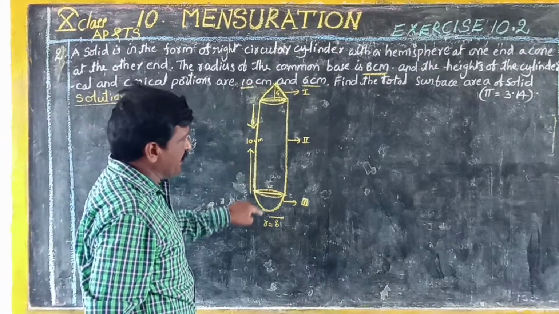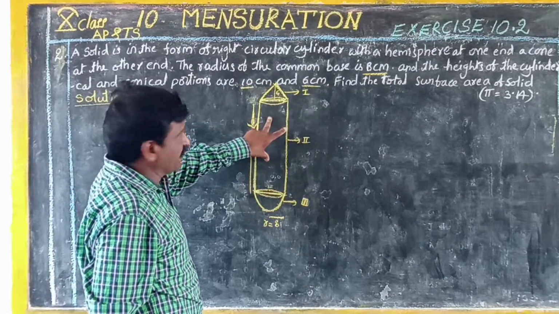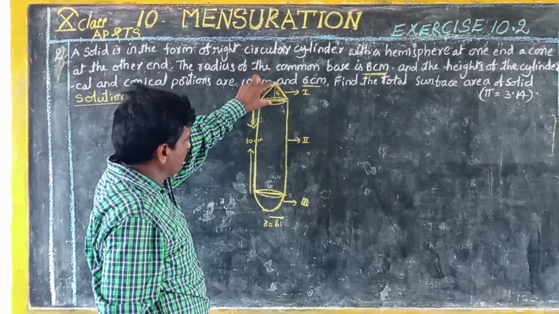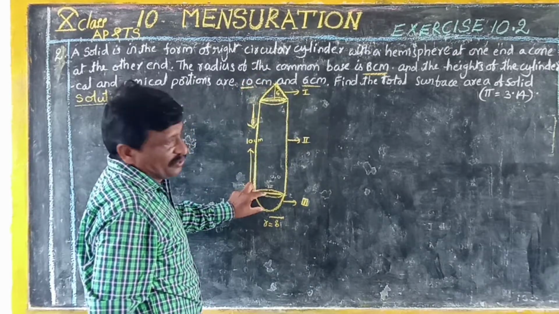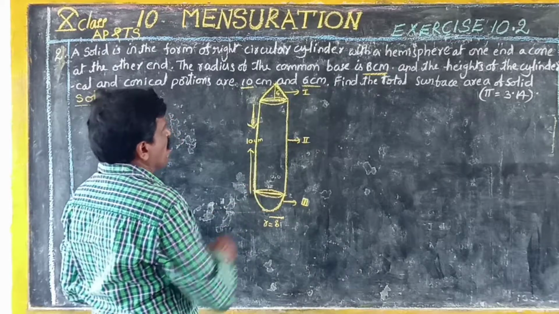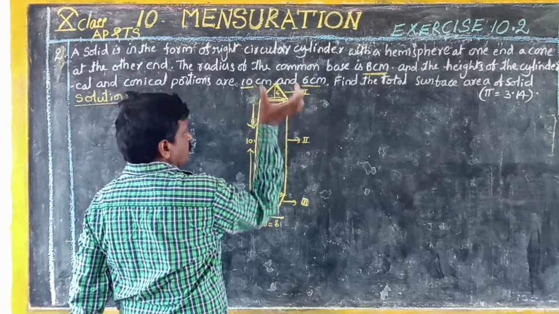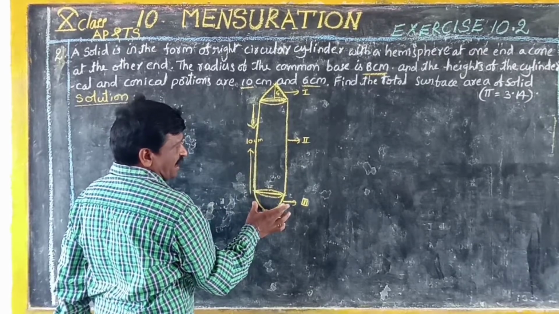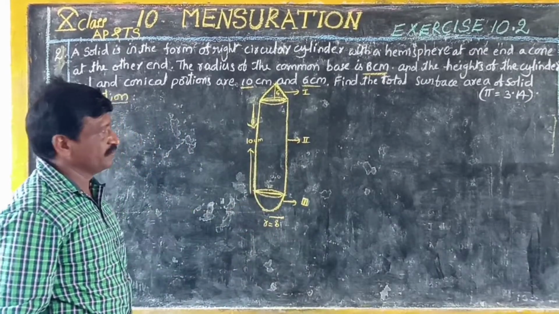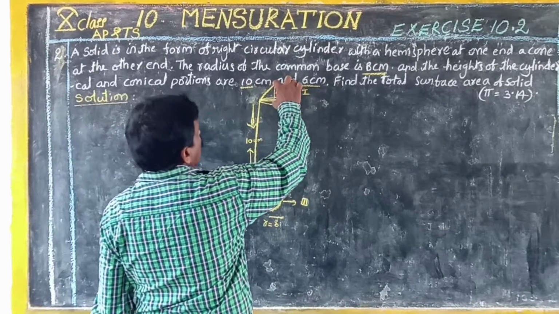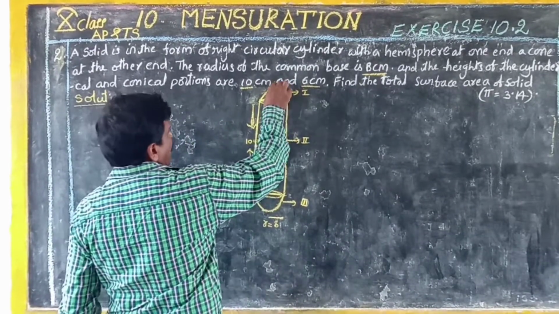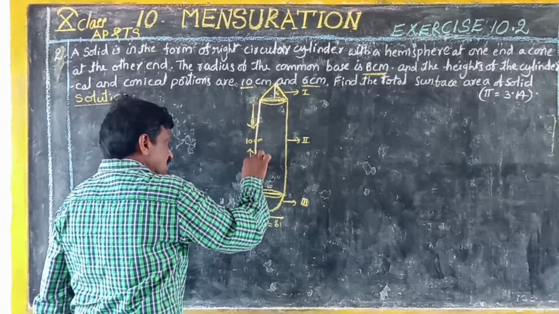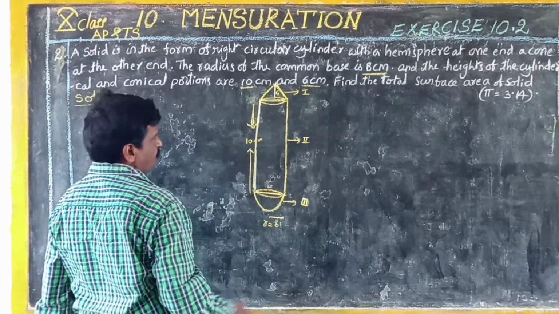This is the solid, a cylinder. One end is a cone and the other end is a hemisphere. There are three parts: one part is the cone, one part is the cylinder, and the third part is the hemisphere. The height of the cone is 6 cm. The height of the cylinder is 10 cm.